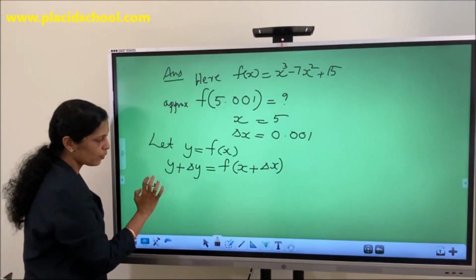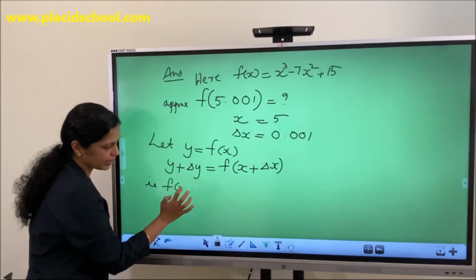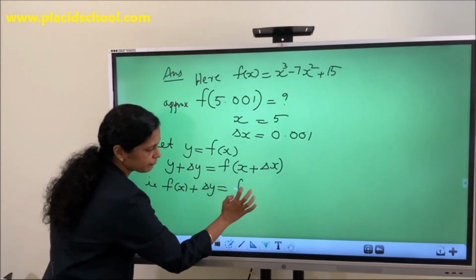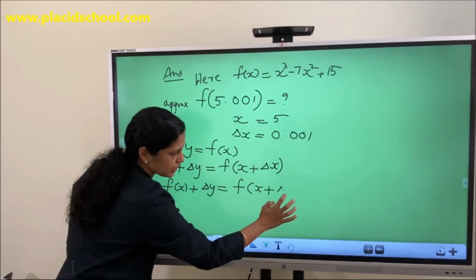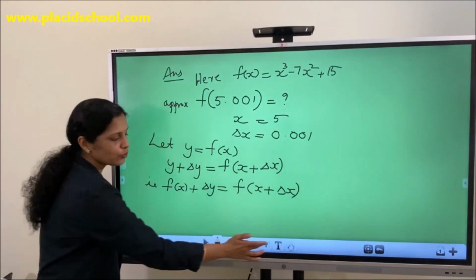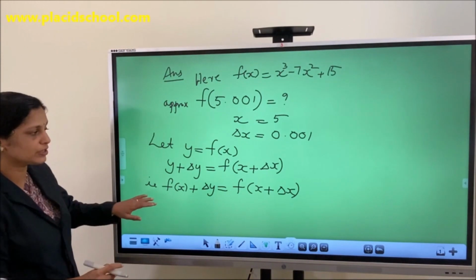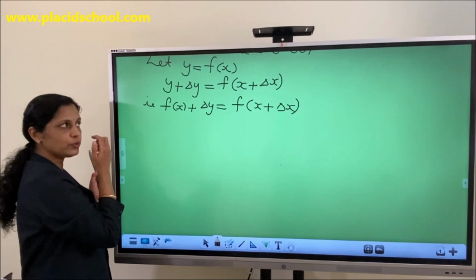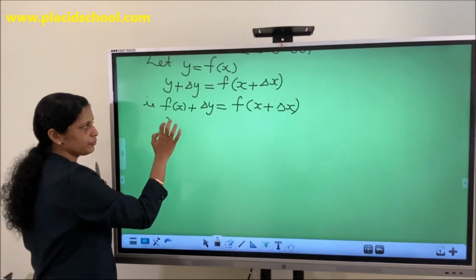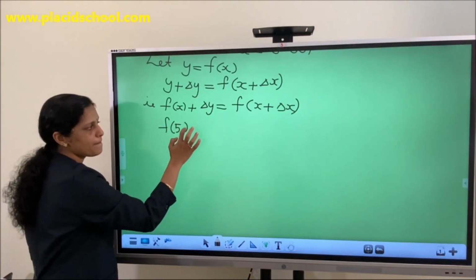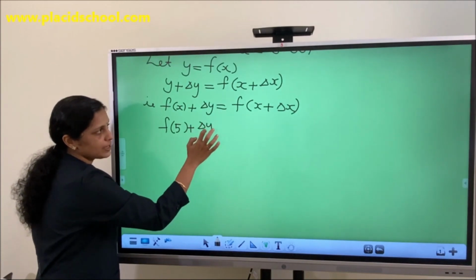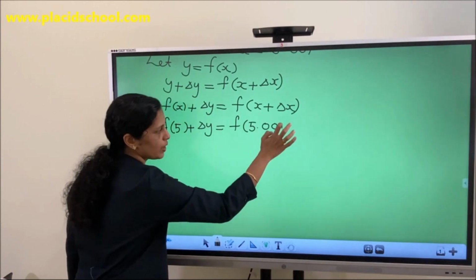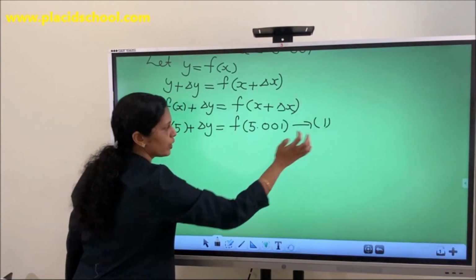That is, y is f of x, plus delta y is equal to f of x plus delta x. Now what I am going to do is give the value for x and delta x. Then we know that x is 5, therefore this will become f of 5 plus delta y is equal to f of 5.001. That will be equation number 1.